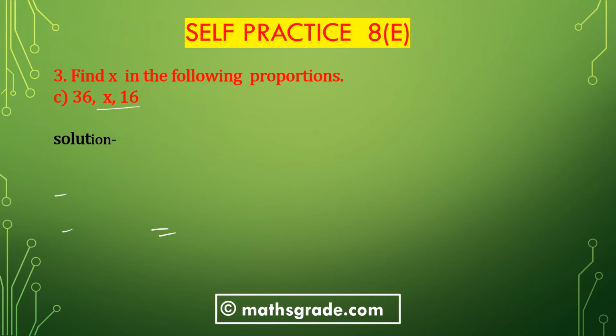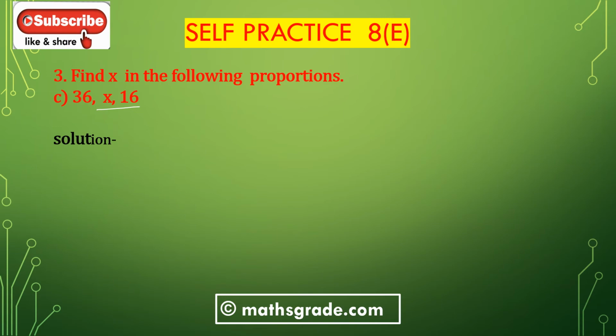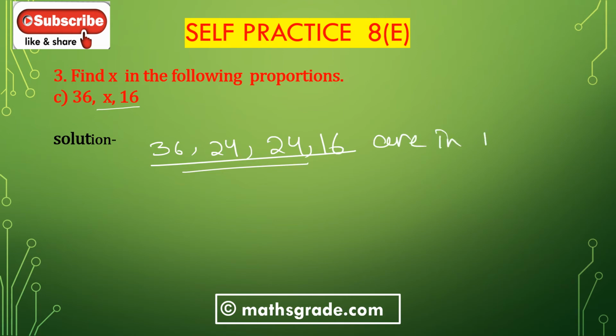Now we can verify whether x is 24 or not. If x is 24, then the numbers will be in proportion, and if not, then they are not. So the four numbers 36, 24, 24 and 16 are in proportion, and AD should equal BC.